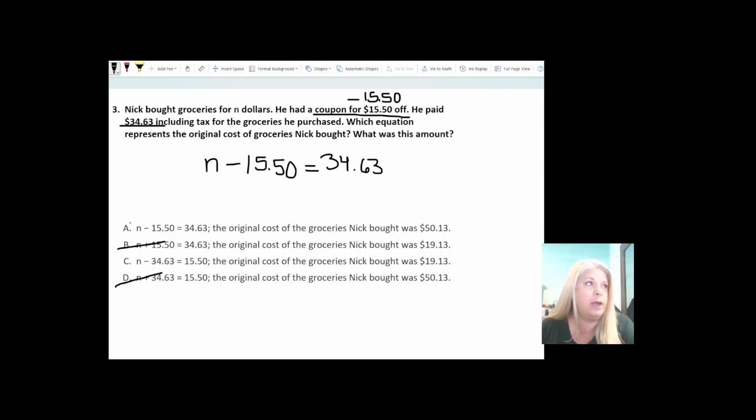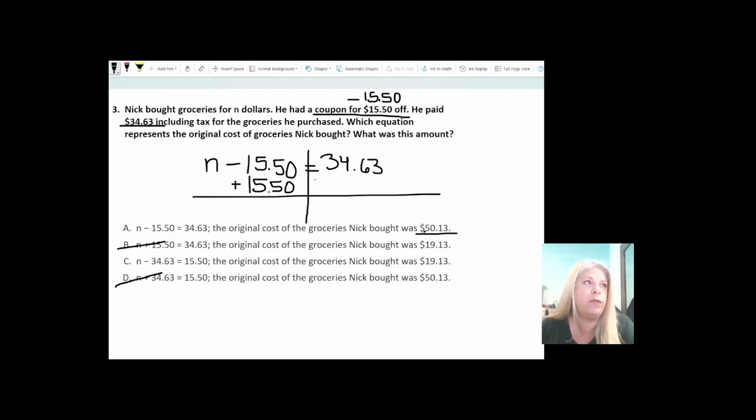It should be letter A. Now we want to make sure that this is actually correct though, the $50.13. So we can do that by solving this. Remember, we want to get n by itself, so the opposite of minus 1550 would be to plus 1550, right?